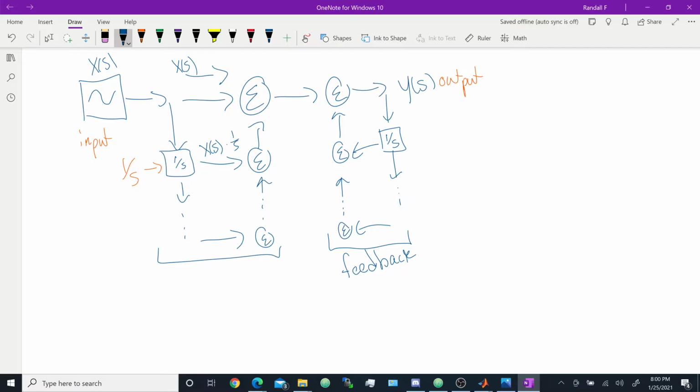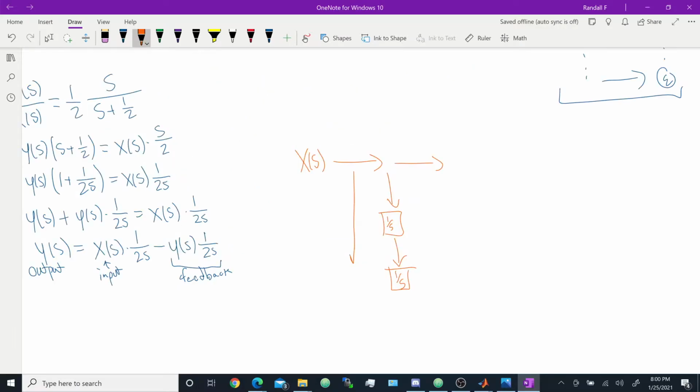Normally you could have another 1 over s down here, but we only have 1 over s. What this is doing is kind of the equivalent of saying 1 over s squared. We don't have any 1 over s squared terms over here, so I'm not even going to worry about bringing that down. Also, we don't have a normal x of s being added, so you could put 0 or you could just get rid of it.